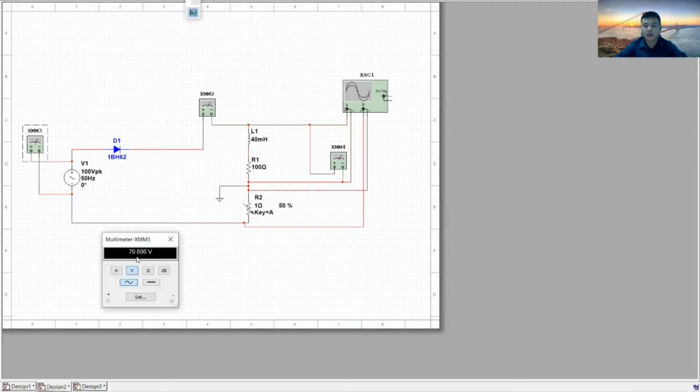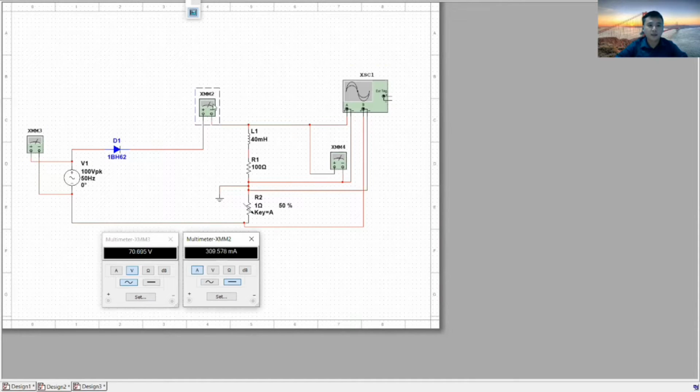This is because this is the peak-to-peak value, so in order to get the VRMS, we have to take this one and divide by 2. This is the current flowing through the circuit, only around 309 milliampere.